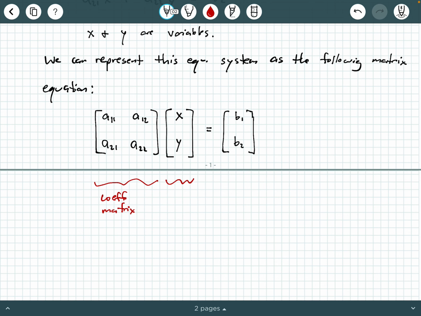This 2 by 1 that we're multiplying by the coefficient matrix is our column vector of variables. And this third matrix, this 2 by 1, is our column vector of constants. Okay, so that's it in general.